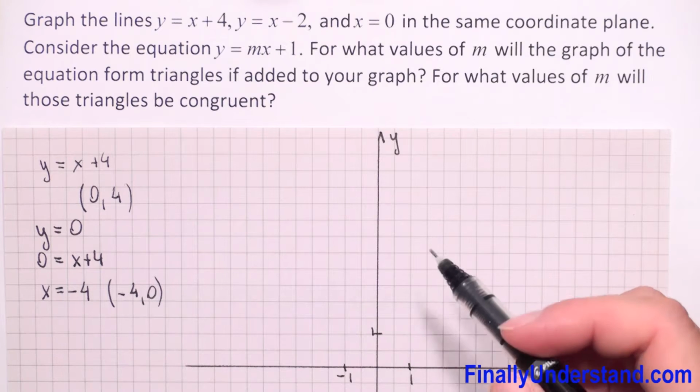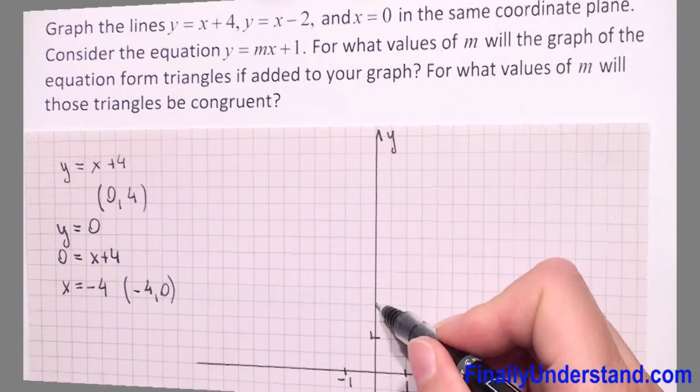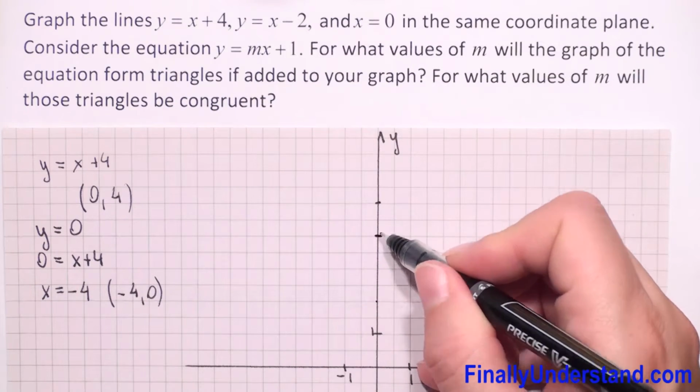The first point is (0, 4): for x 0, for y 1, 2, 3, 4.